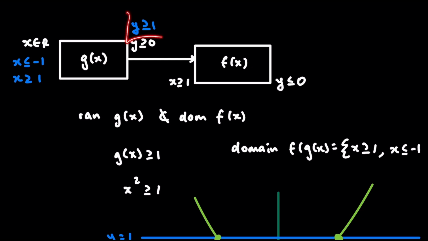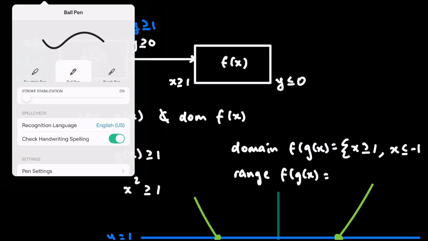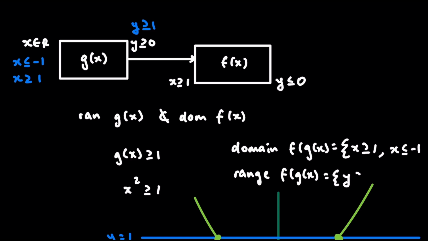Well, no, because the range of the first machine was an exact match, the exact same as the domain of the second function, we can say that the range of the entire function f of g of x is just the same as the range of f of x. And so we know that the range of f of g of x is simply y being less than or equal to 0.